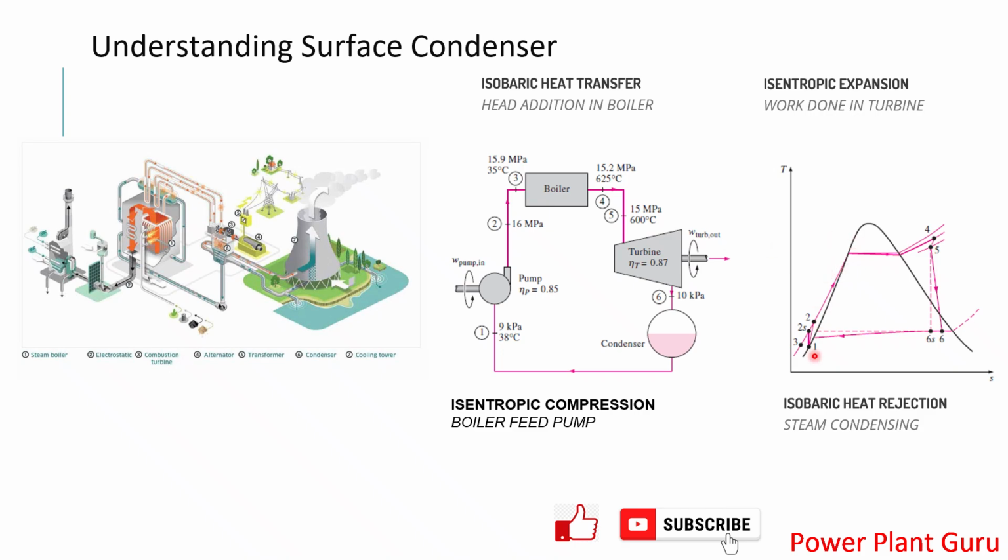You can see here the first is the compression, sorry, it is the pumping process, from lower pressure to higher pressure. Then you have a heat addition process. There is an economizer which will come in this place, which is liquid. Then there is a drum, which is liquid plus gaseous or vapor form.